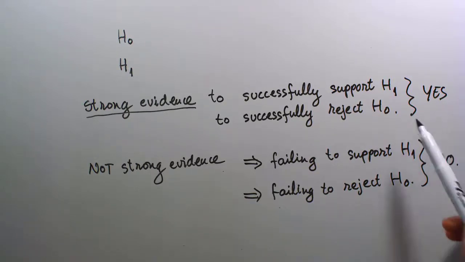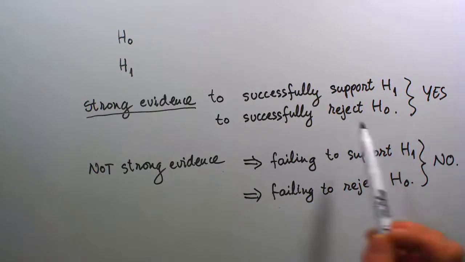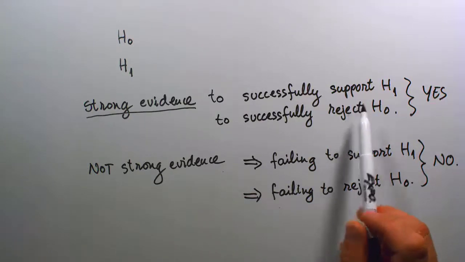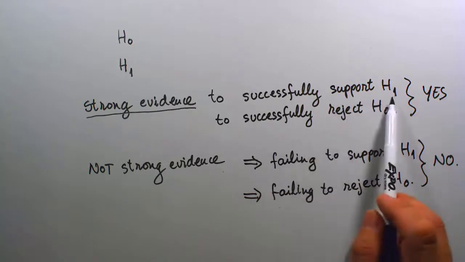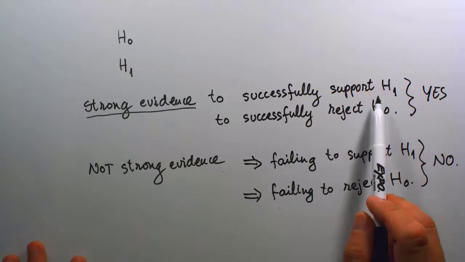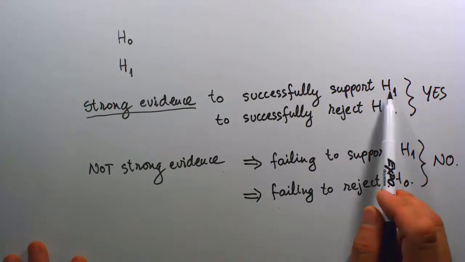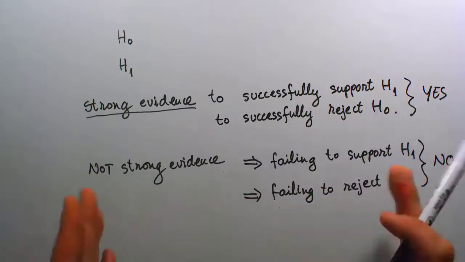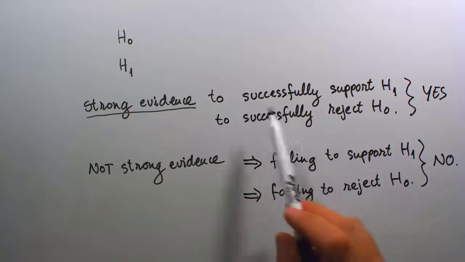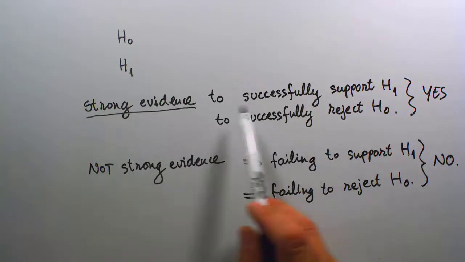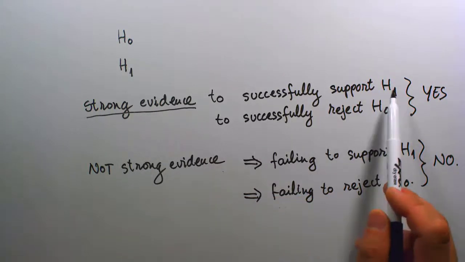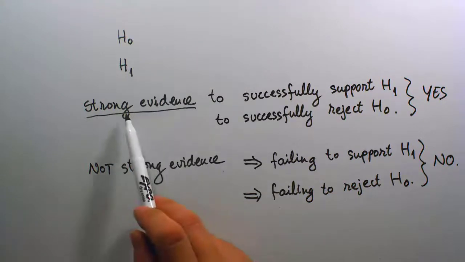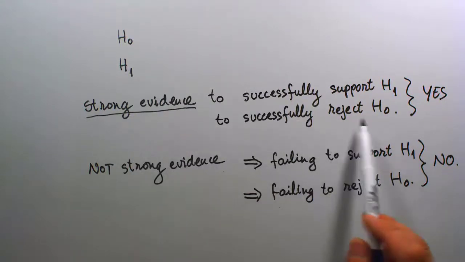Another thing I need to emphasize: when we say we can support H1, we're not going to say absolutely that H1, the alternative hypothesis after observing the evidence, is the truth. We're trying to put things in a nicer way. We're saying that we have strong evidence to successfully support H1, and further, that we have strong evidence to successfully reject H sub 0.